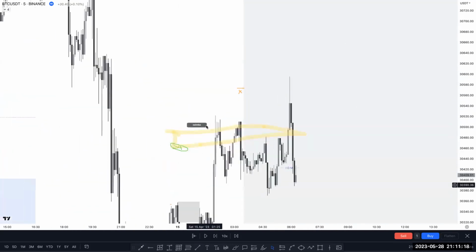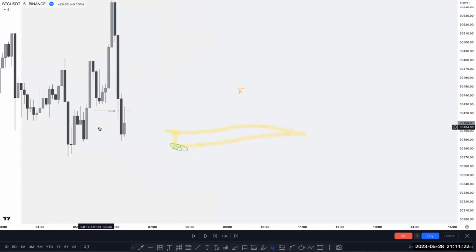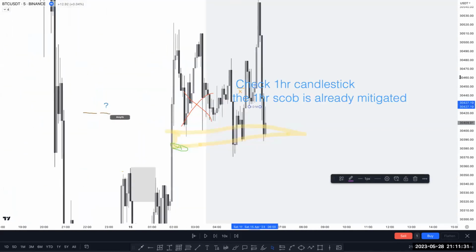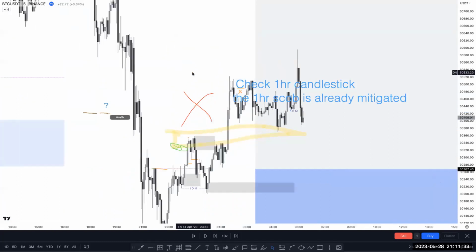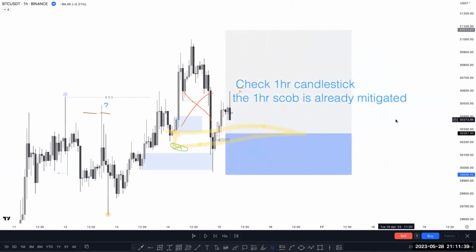Let me check this one. Check the 1 hour candlestick. So this one is mitigated here. Everything is no problem here still.